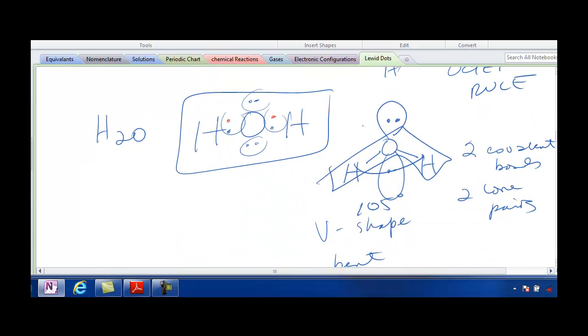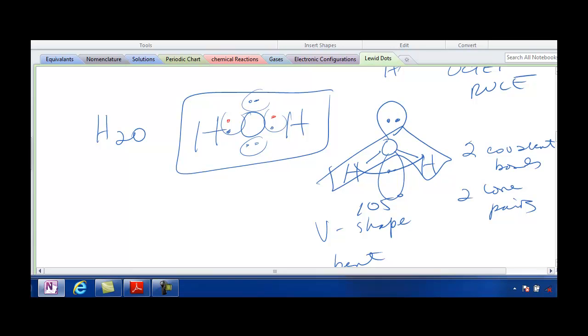We must first draw Lewis. 2 hydrogens, and those are my 2 red dots, meaning the only valence electron that hydrogen has. And oxygen has 6: 1, 2, 3, 4, 5, 6. Are we okay with Lewis of water? Does Lewis obey the octet? Yes, it obeys because the oxygen has 2, 4, 6, 8 electrons around the central atom.